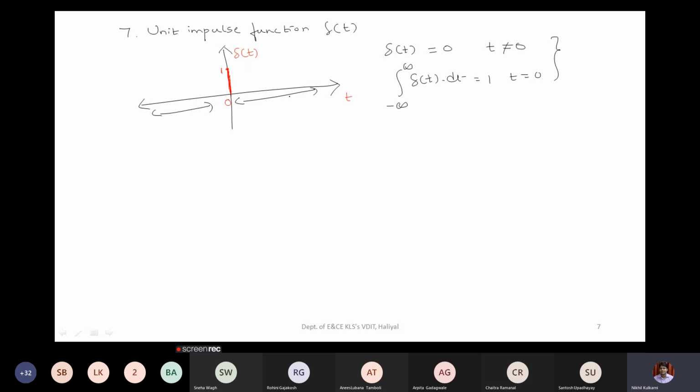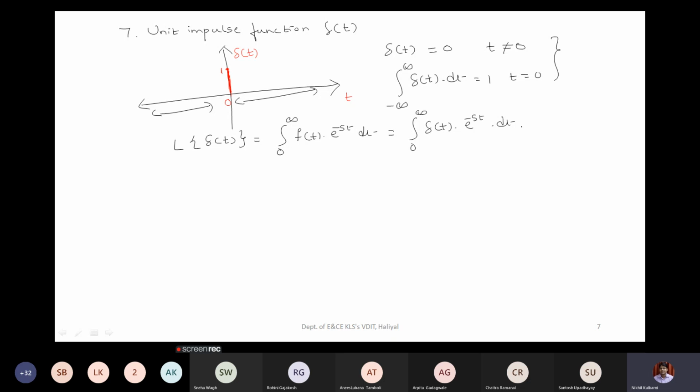Since it exists at t equal to 0 itself, now if you take the Laplace transform of delta of t, what we have to do is integration from 0 to infinity, right? Here f of t into e to the power minus st dt, where f of t is delta of t.